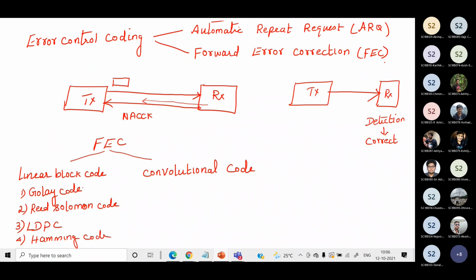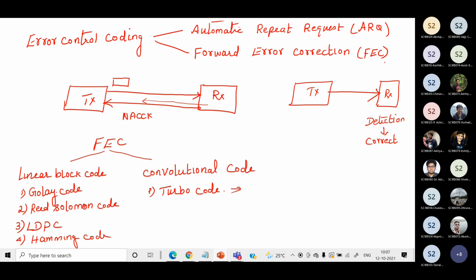These are the different classes of linear block code. In convolutional code, one is turbo code. Actually it is the combination of two codes, linear block code, that is Reed-Solomon code, as well as the convolutional code together, which we call turbo code.